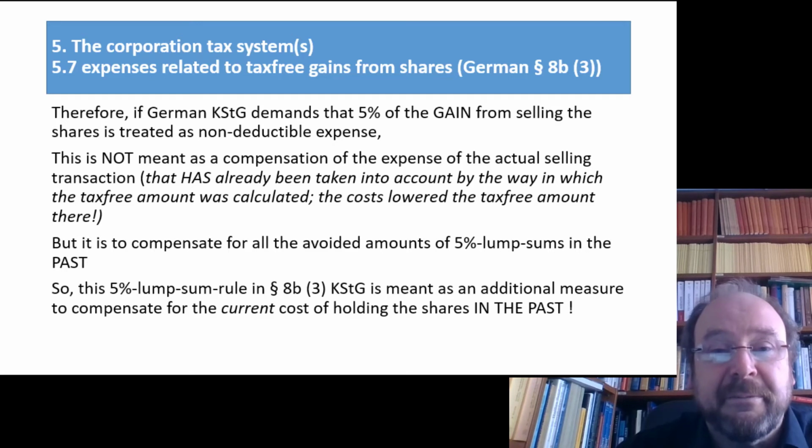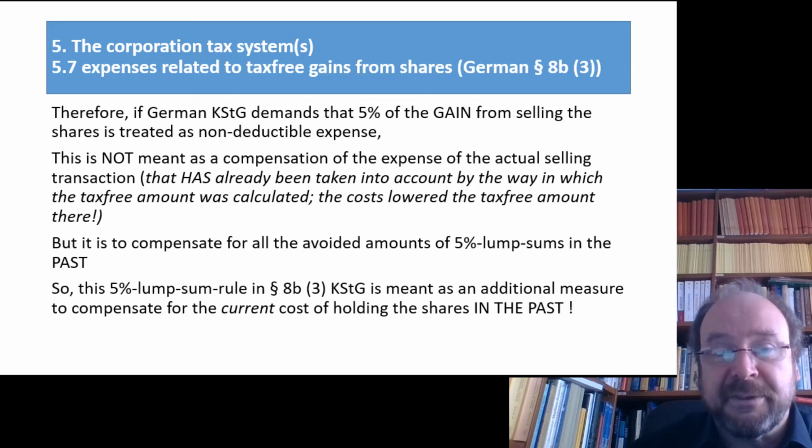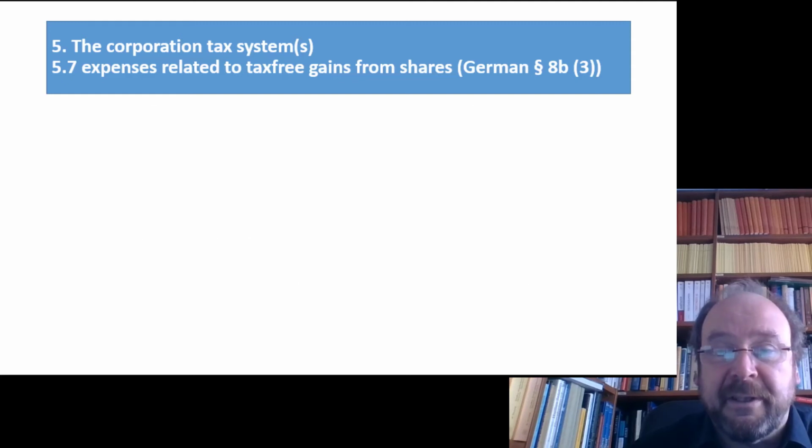But in reality, we now find out no important firm ever pays this 5% rule. So in such a case, just to avoid that, or to close the gap, that additional rule was necessary, evidently.